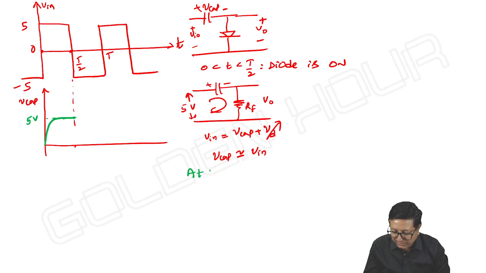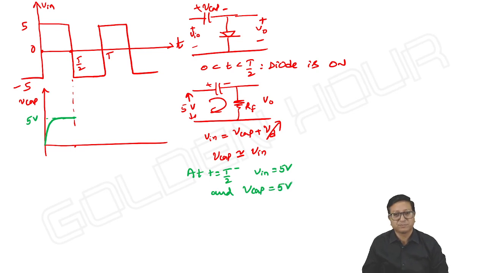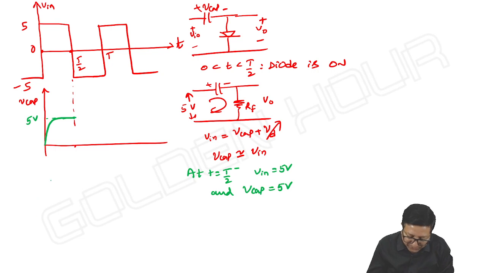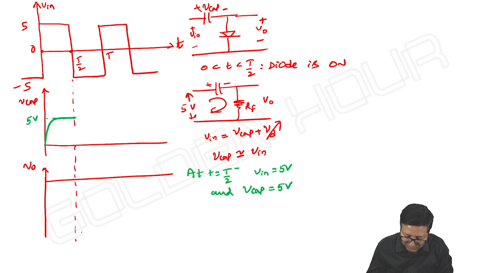At t equals T by 2 minus, V input is equal to 5 volts and V capacitor is also equal to 5 volts. No doubt. During that time, what is our output? Output is almost equal to 0.